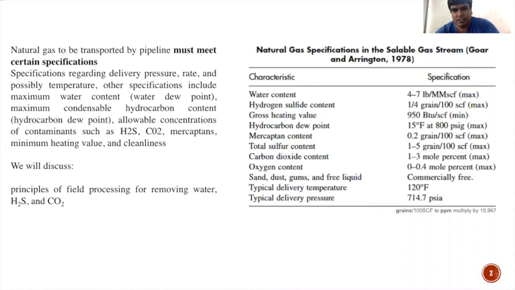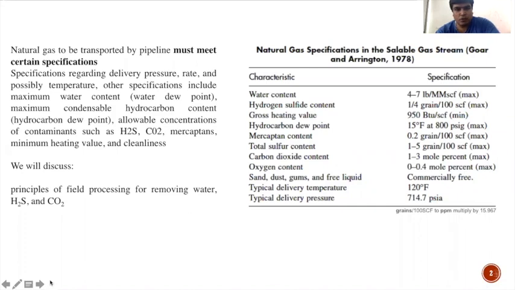We'll discuss the separation of these acid gases from the natural gas component in our further class. But this table is very important because it tells you what natural gas should contain and what the delivery pressure is once it is sent to a pipeline. So this table is very important. I recommend all of you to see this and memorize it also.